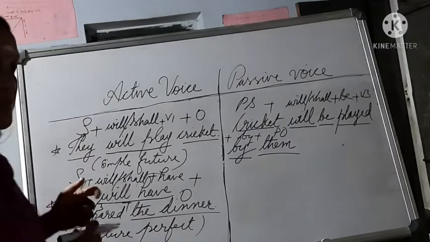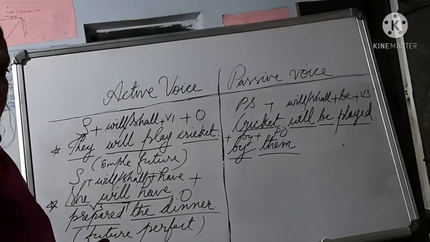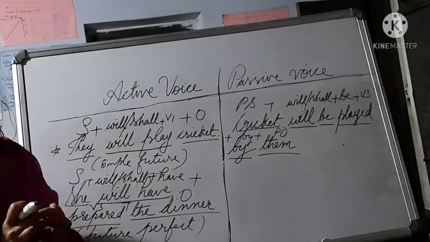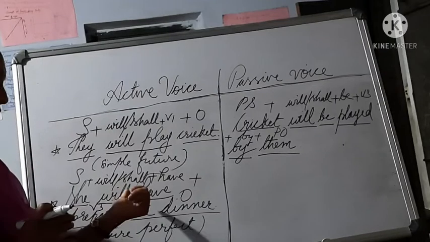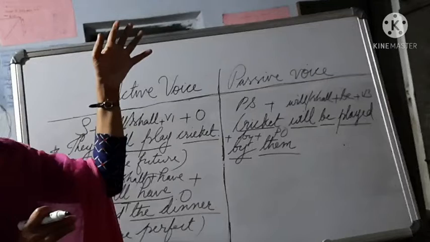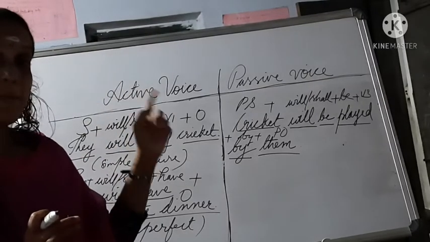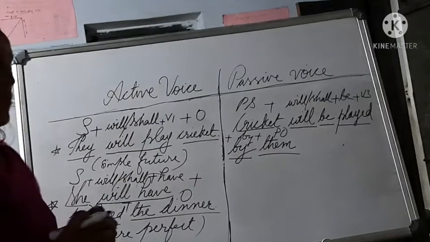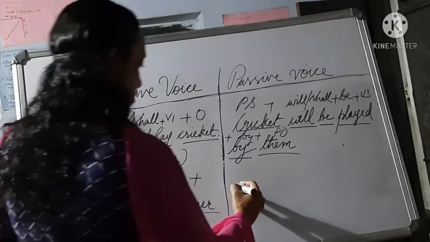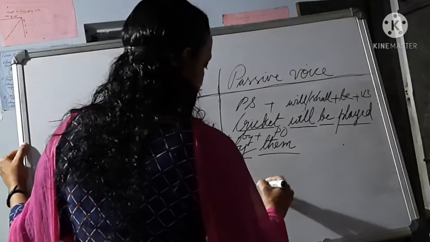So let's see how to convert this into passive voice. Just remember the rule of perfect tense. Only one additional thing is will. Just write that and follow the rule we already studied in present perfect and past perfect. Okay, so first you take the object, the dinner.